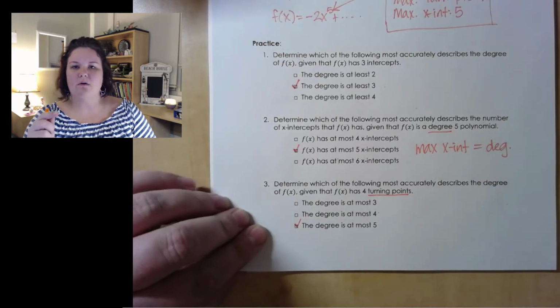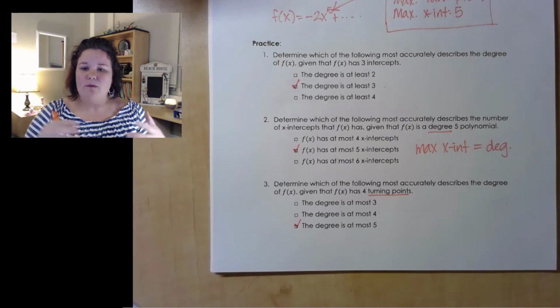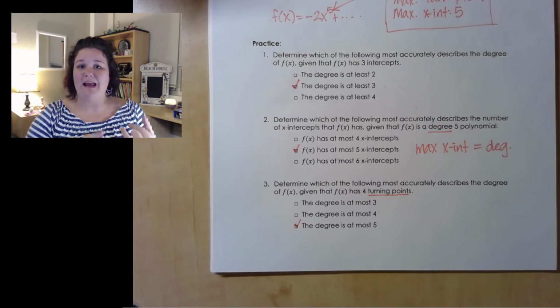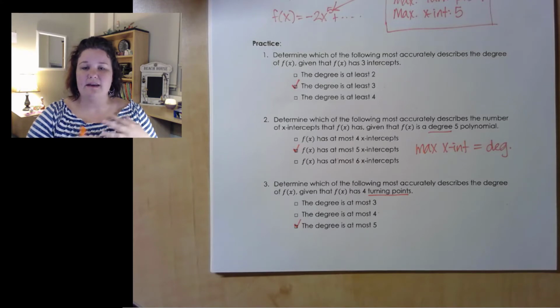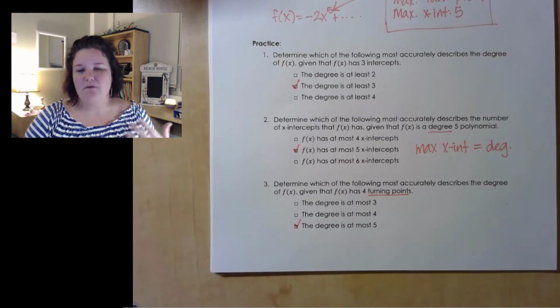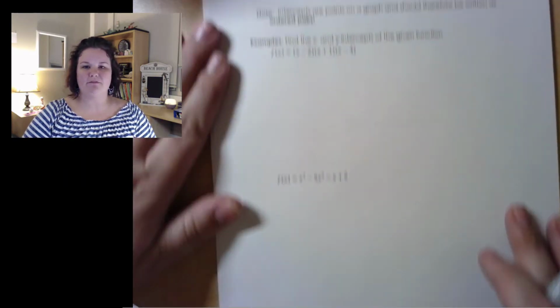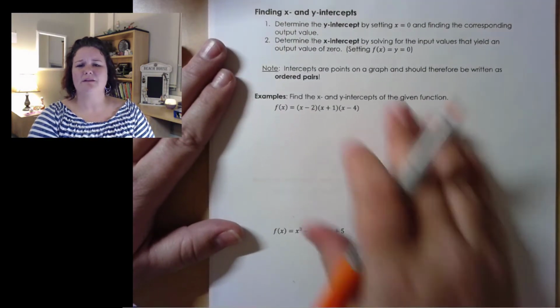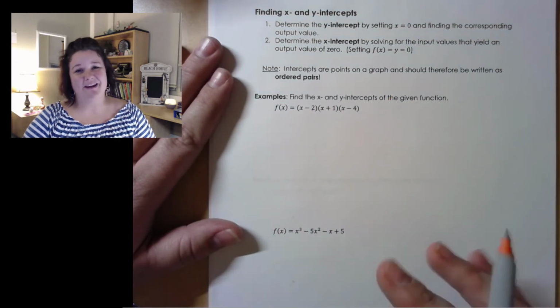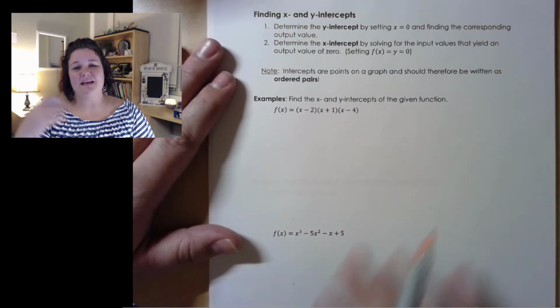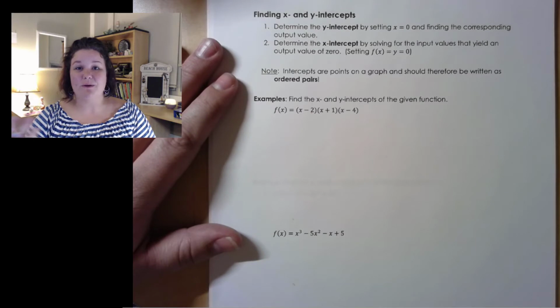So now that we know our end behavior and we know what's happening at our intercepts, how many we can have, how many turning points we can have, now we're going to look at actually solving for X and Y intercepts. So on the next page, we have our finding X and Y intercepts, and I'm not going to read through all of this because we've done X and Y intercepts before. We know to set the opposite variable equal to 0 and solve.